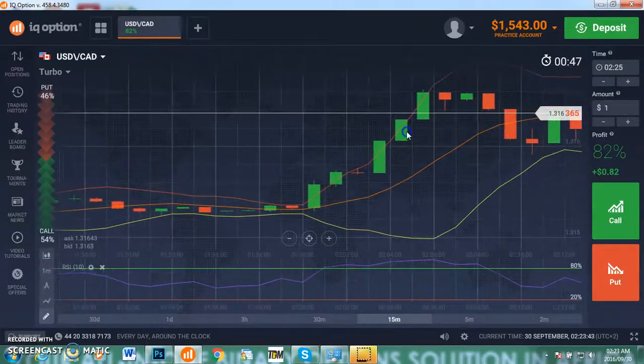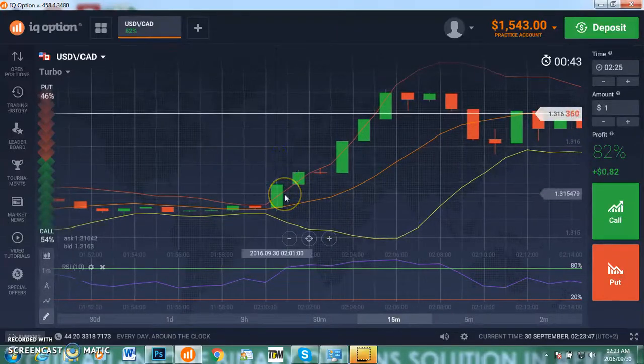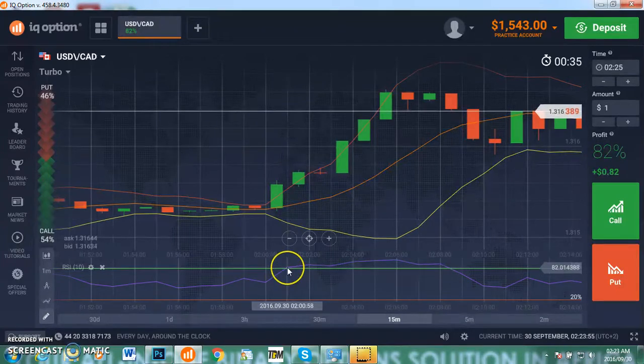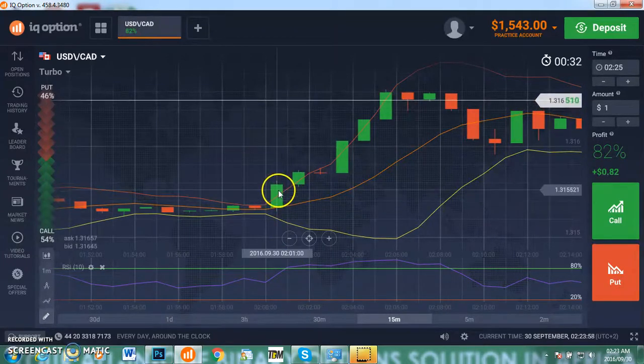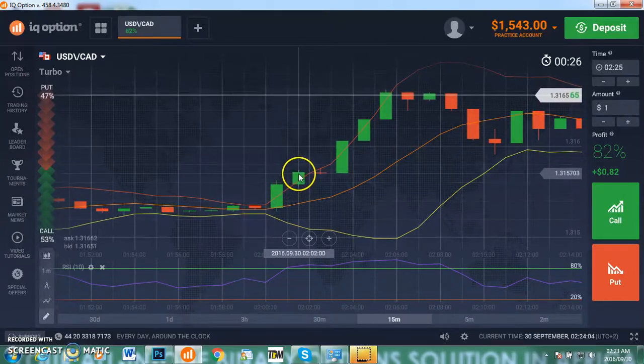It's very simple, and sometimes it's not going to be a win because there's no strategy that is 100%. When that happens, let's say you placed the trade here, you saw that it had pushed to its highest ability, and you placed your trade to say it's going to go down, but the market decided that it's going to go up.